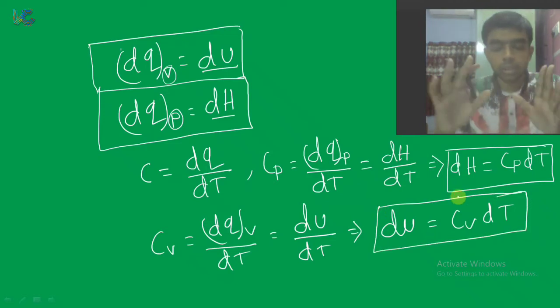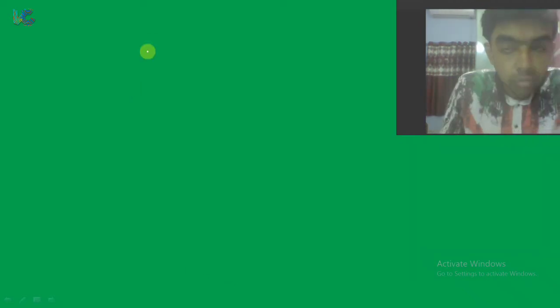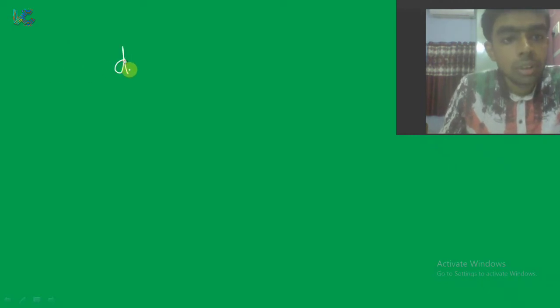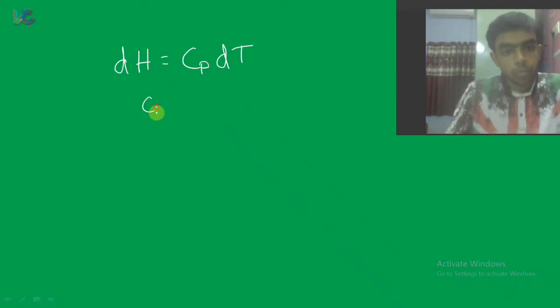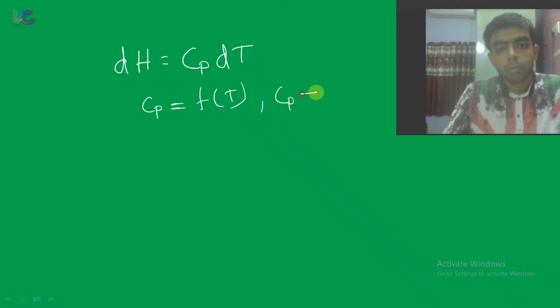Now we have dH is equal to Cp dT. This Cp may be a function of T or may not be a function of T. Both cases are possible.